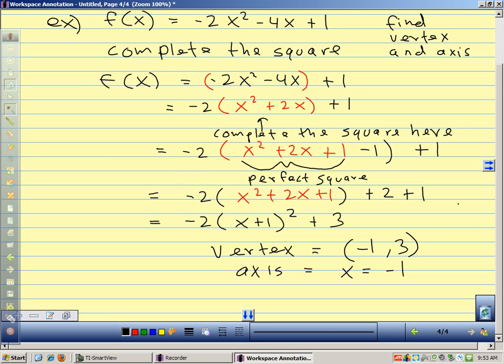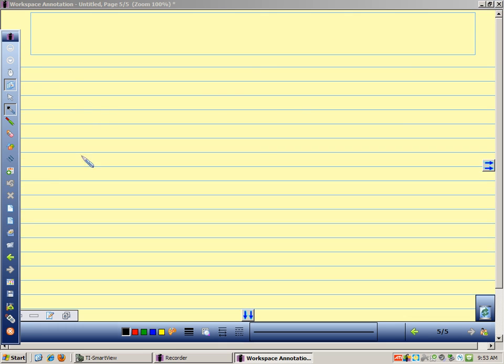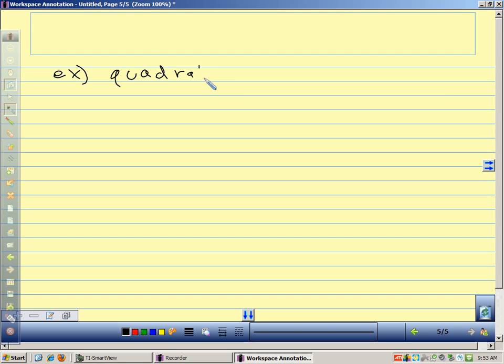All right, let's look at another kind of example where we're going a different way with our equation. Let's say we're given some points. We have a vertex, we have a quadratic function. The vertex is at the point 1, -2.